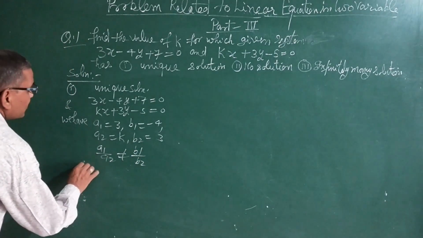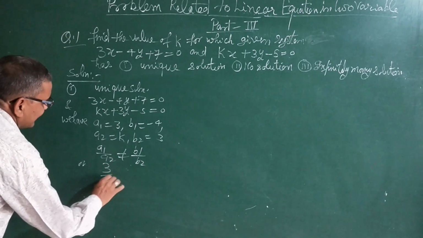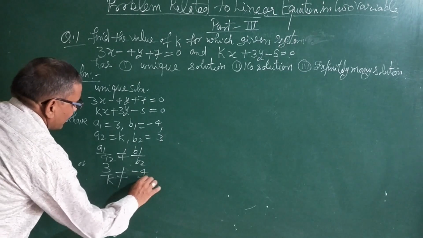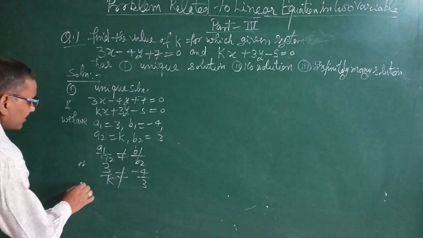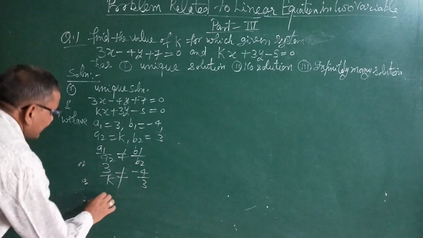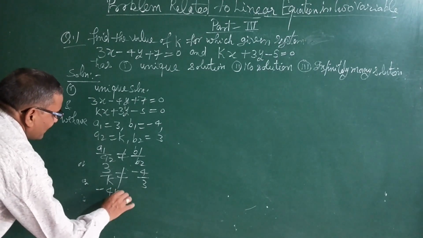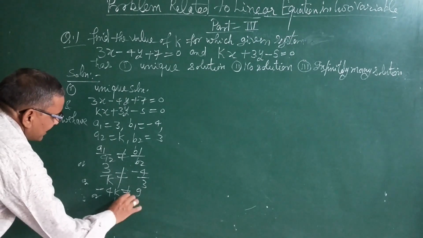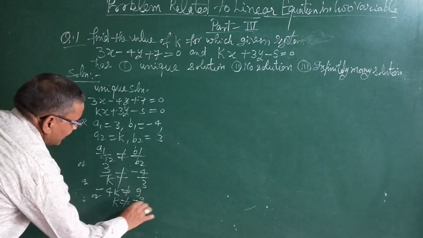Or 3 upon k must not equal minus 4 upon 3. Cross multiplying, minus 4k not equal to 9, or k must not equal minus 9 upon 4.